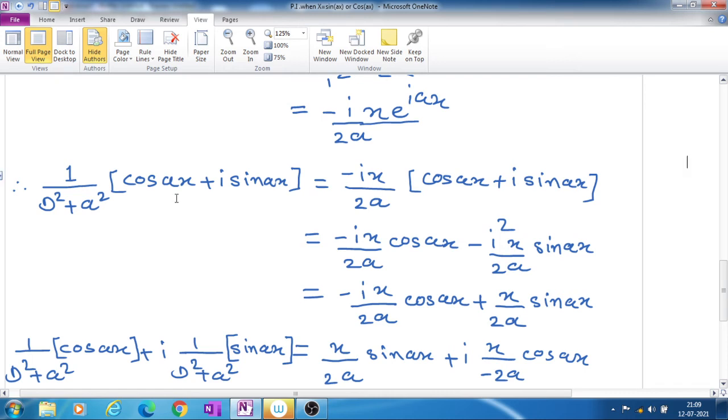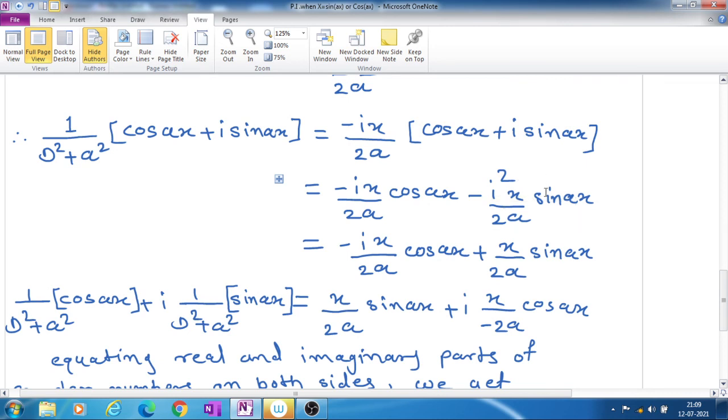Now you see on both sides there are complex numbers. First we have to multiply this minus i into the bracket, so multiplying this by minus i we get minus i x, this is cos ax upon 2a, and this is minus i square into x into sin ax divided by 2a.